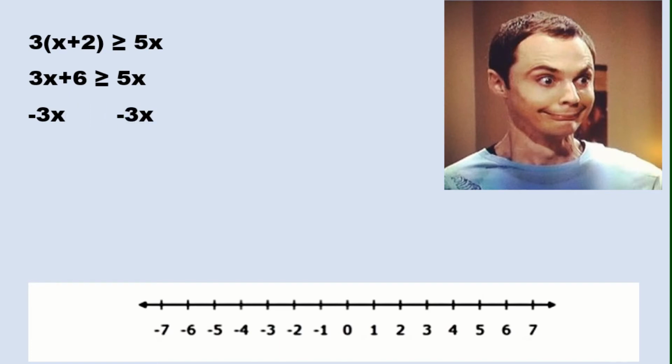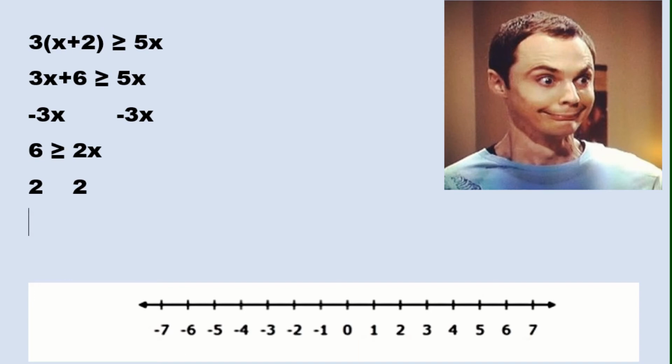Now it'll be 6 greater than or equal to 2x. Now you're dividing 6 by 2 on both sides. And since this bottom part is positive, the symbol stays.